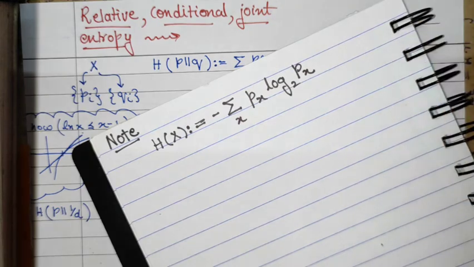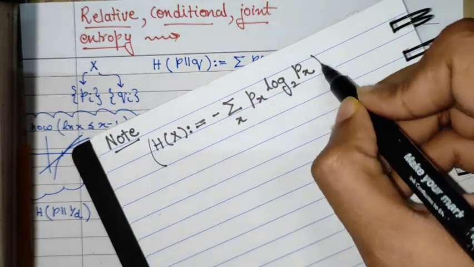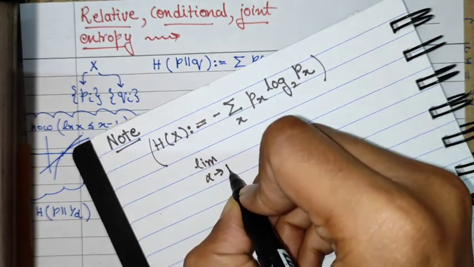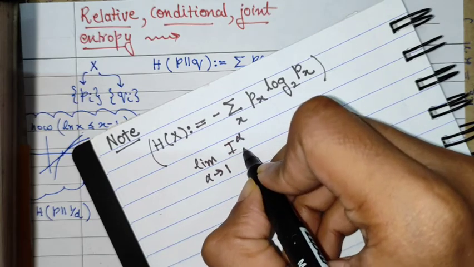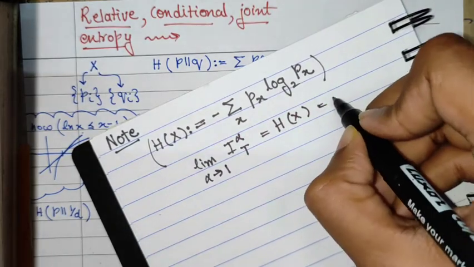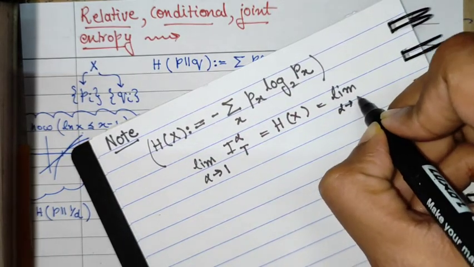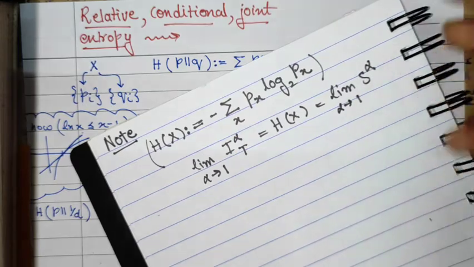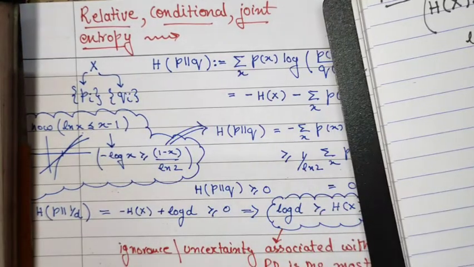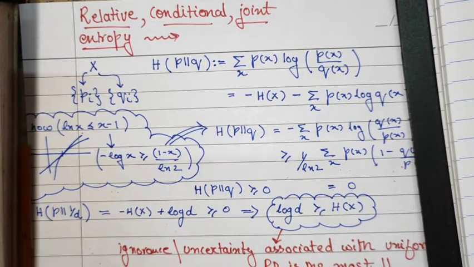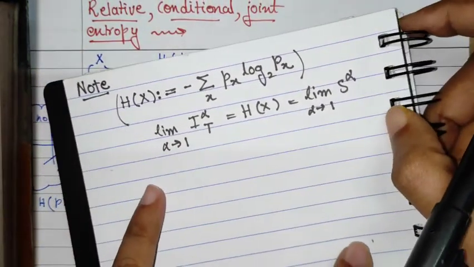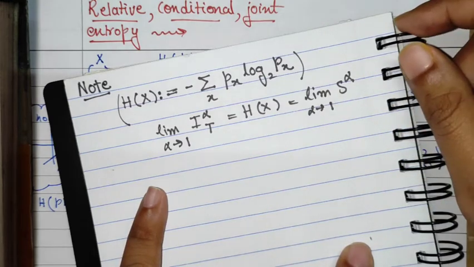We saw that the limit alpha tending to 1 of the Rényi entropy is the Shannon entropy, which is also the limit alpha tending to 1 of the Tsallis entropy. We saw all this in the previous video, and in this video we will look at how these are useful to define the concepts of relative entropies.